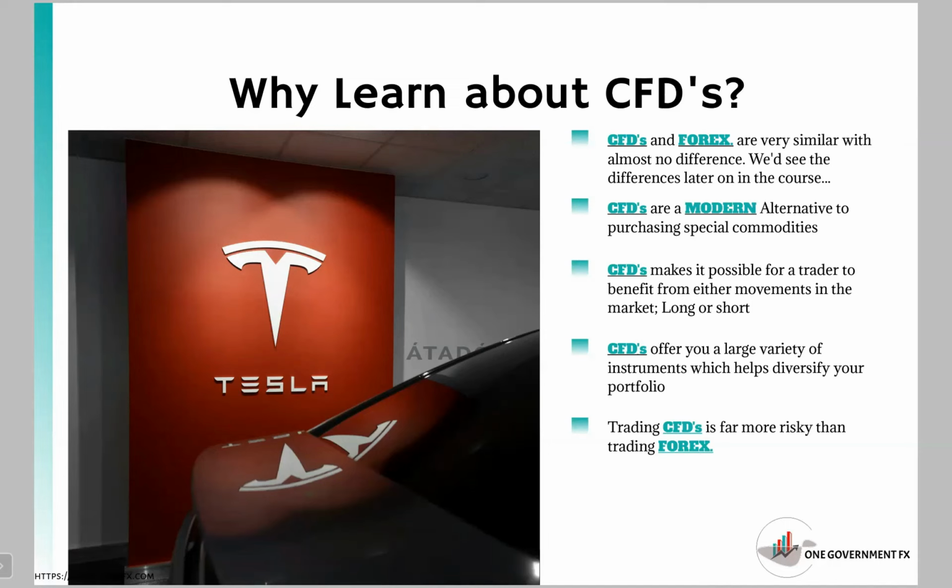So, a brief difference between Forex and the CFDs.